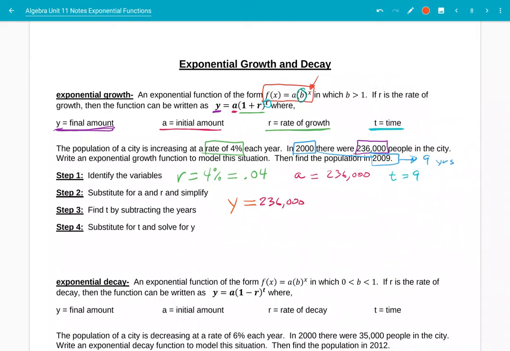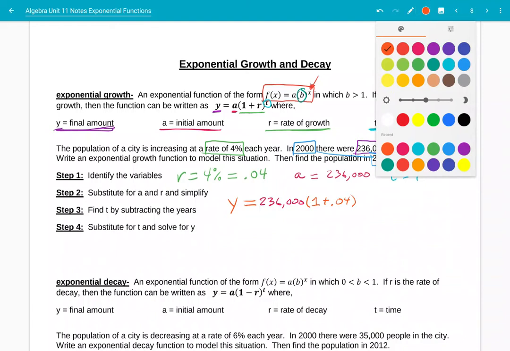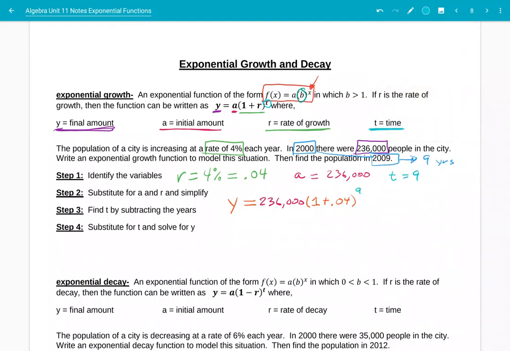And then the rate is 1 plus R, which is 0.04. And then T, well, that was 9. Yes, we've done that already.